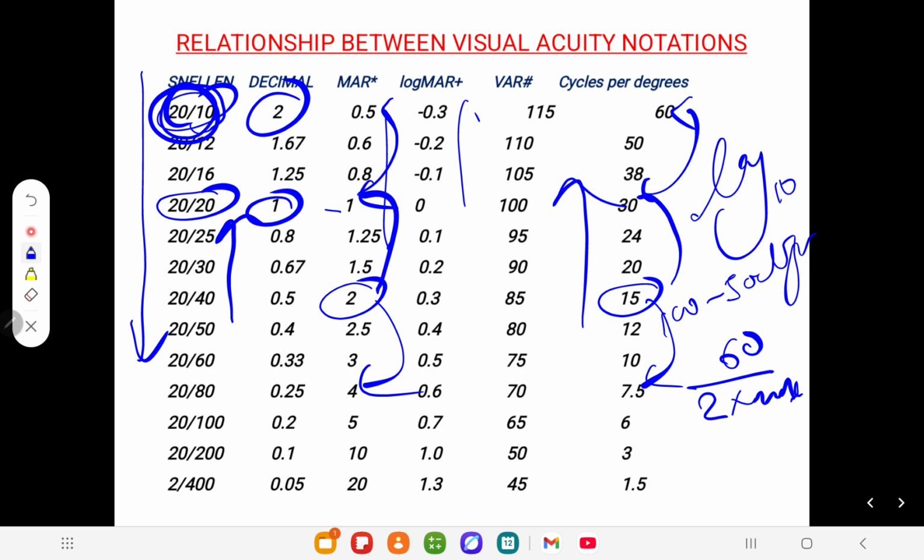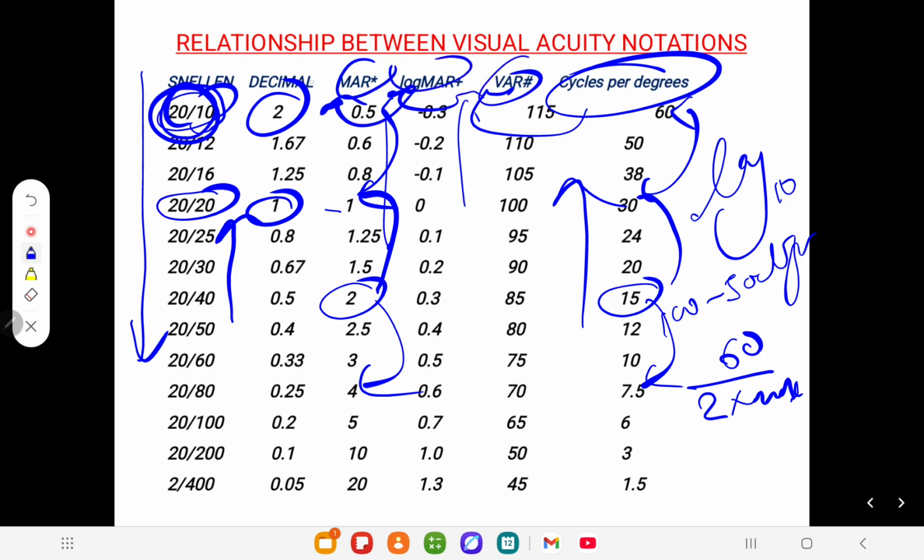And you have to know how to convert one unit to another, not in sequence. If someone gives decimal, you can convert it to any of the others. Just remember, these things are very important.